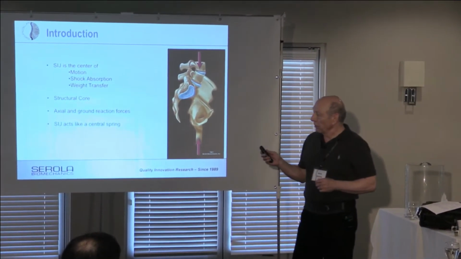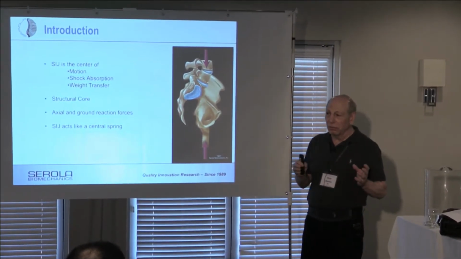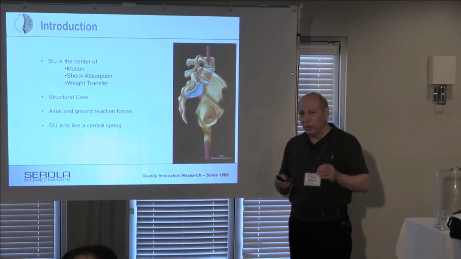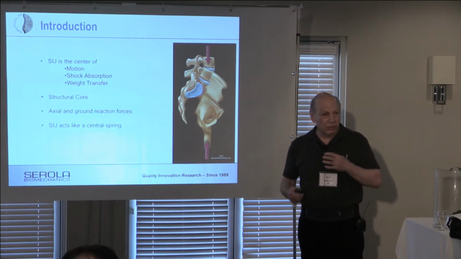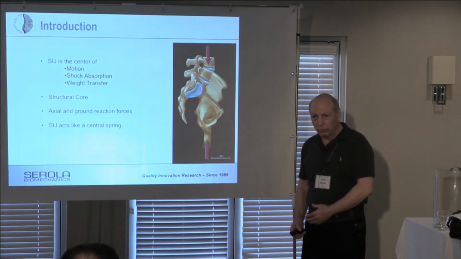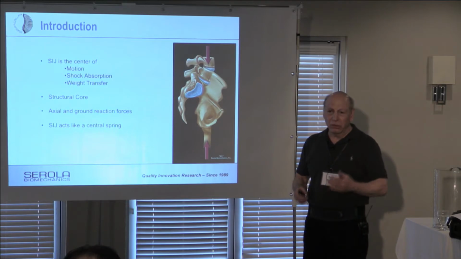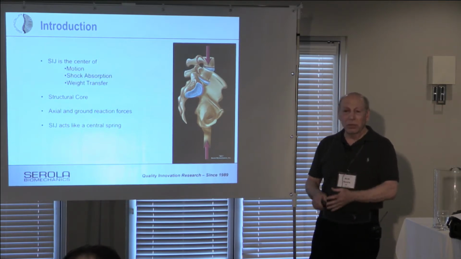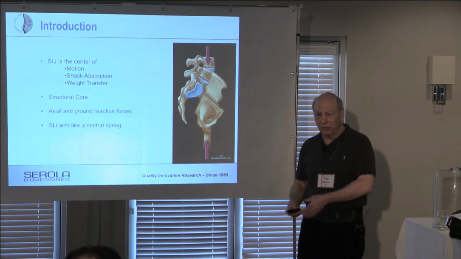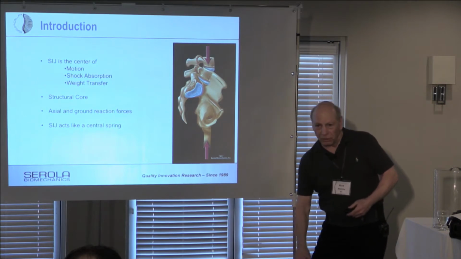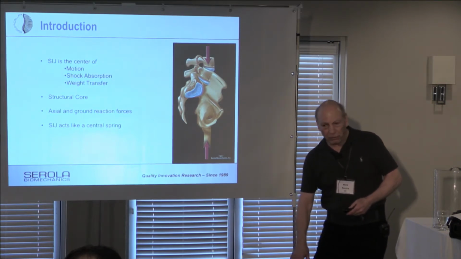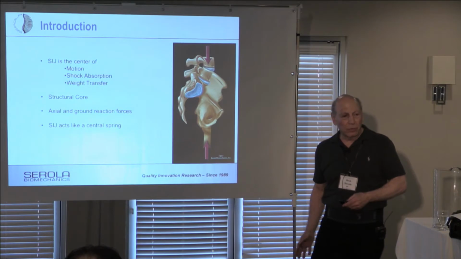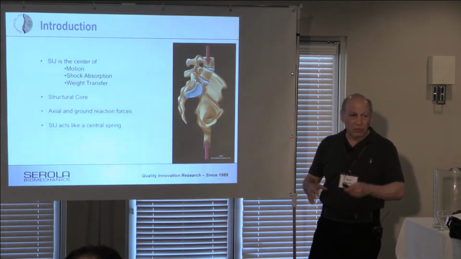Shock absorption is something I'm going to just touch on a little bit. Our whole body is a contiguous shock absorber. The foot pronates or supinates. It's shock absorption and rebound. The knee internally rotates, the tibia rather, internally rotates relative to the femur on shock absorption.